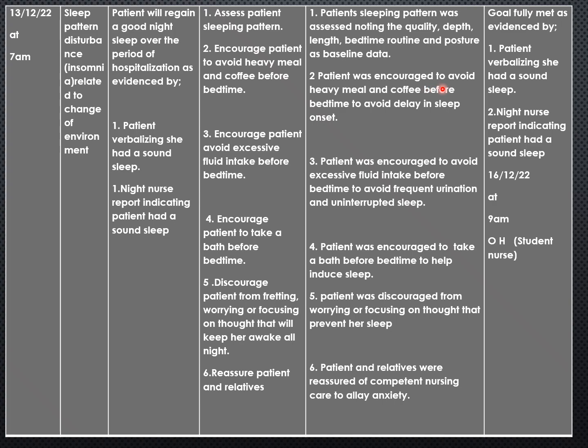Patient was encouraged to avoid heavy meal, because the word encourage is key here, and coffee before bedtime to avoid delay in sleep onset. Then the 3rd, patient was encouraged. So you are looking at encouraged, not encourage. So you can either write patient is encouraged to avoid excessive fluid intake before bedtime. You are okay. But to add a little bit of flair, a rationale is added to it: to avoid frequent urination and ensure uninterrupted sleep. So this varies and goes on with each and every nursing order here.